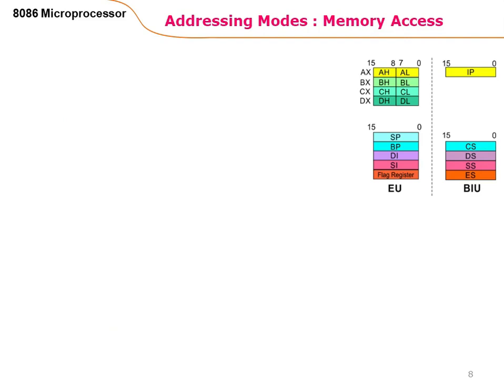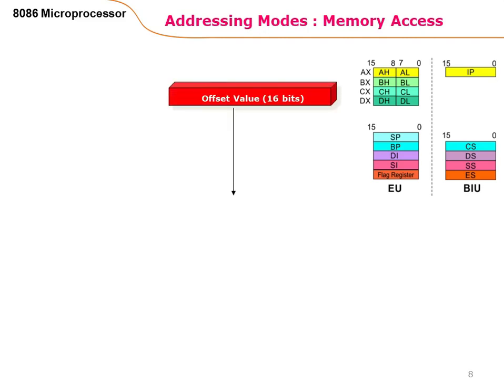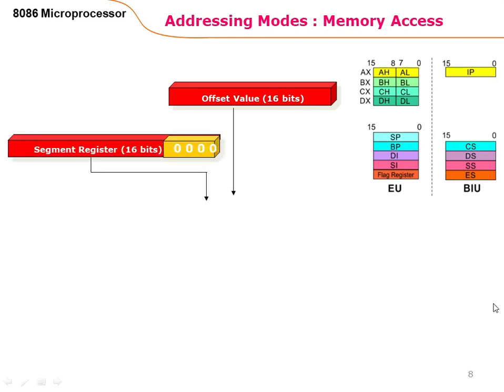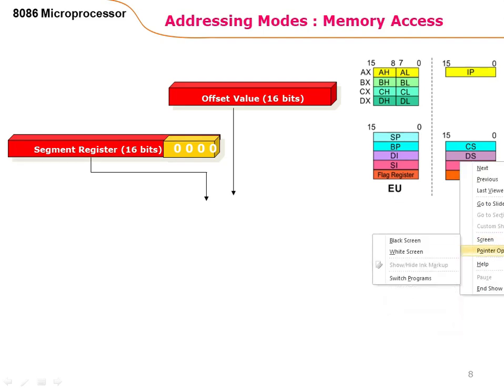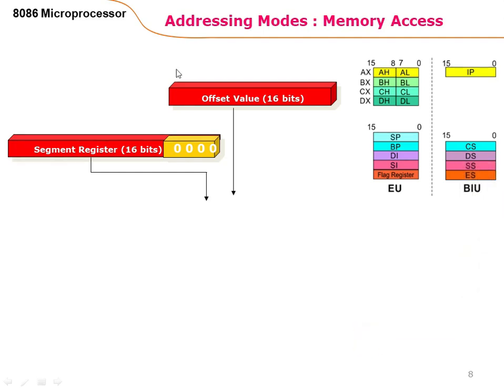Before moving to the next group of addressing modes, which is used to access memory, we will revise how to generate a physical address. For physical address generation, we require an offset value which is stored in the pointer or index register, and a segment register value, which is a 16-bit value, and this is shifted to the left by 4 bits.